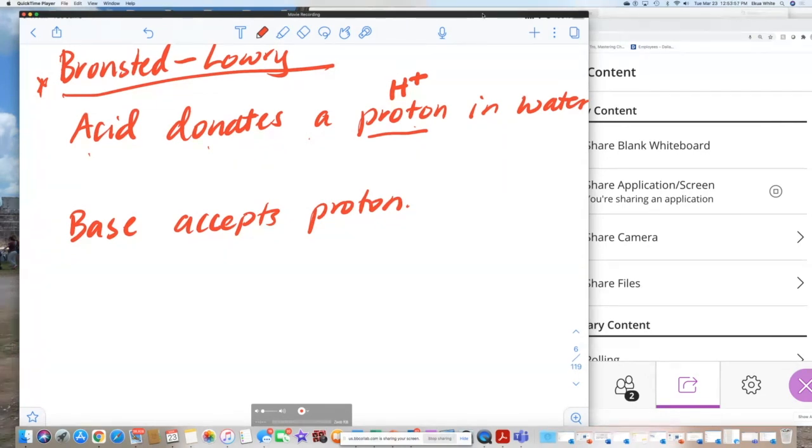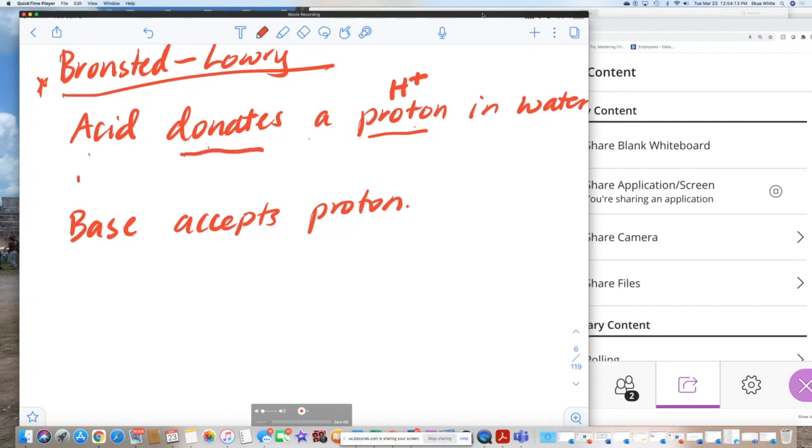There are generous ones, and then there are ones that I guess need help. So they're accepting the generosity. So in Bronsted-Lowry, the acid donates what it has.